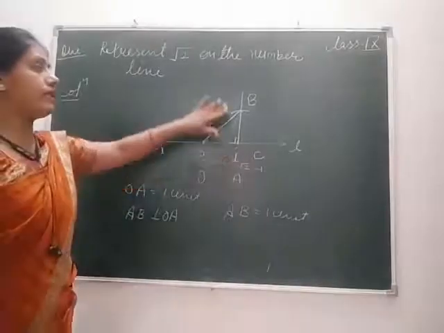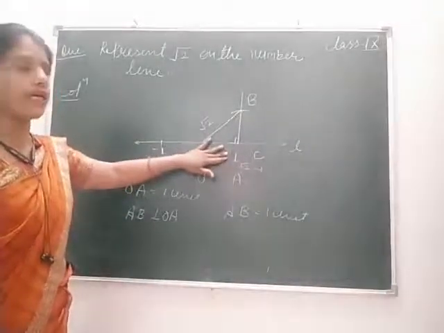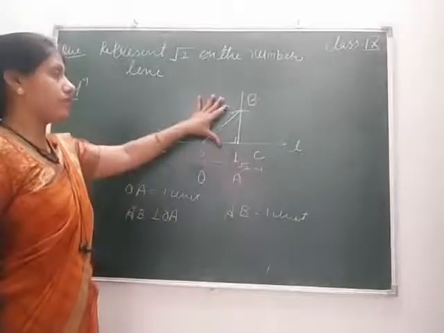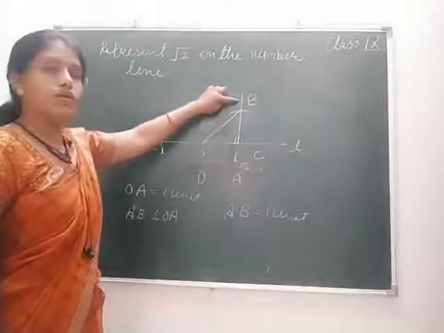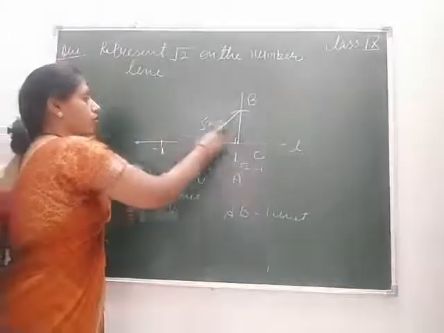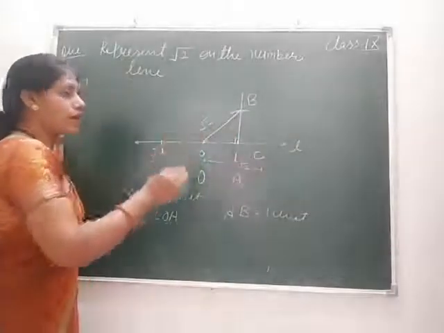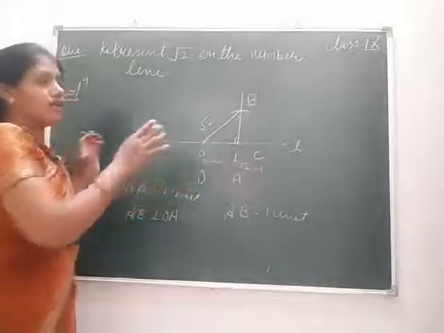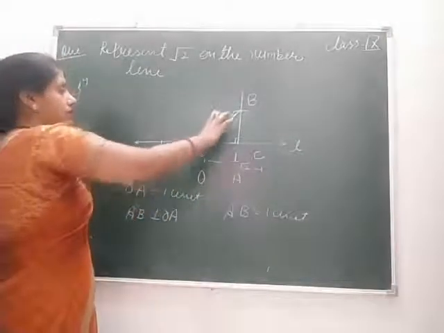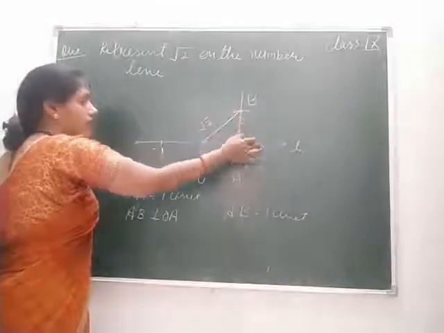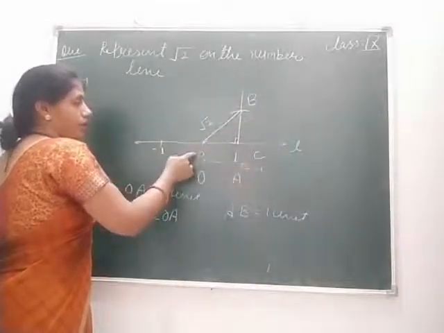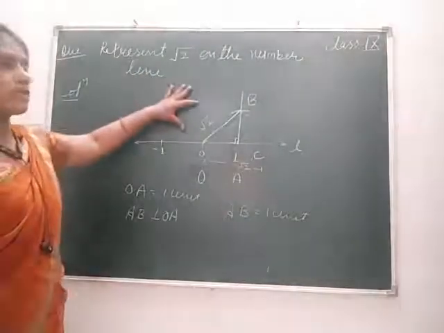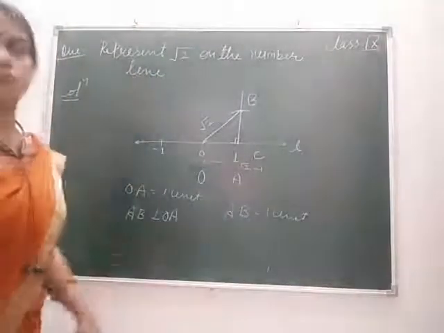A point पर 90 डिग्री परपेंडिकुलर हमें ड्रॉ करना है and AB is the 1 unit. We cut an arc 1 centimeter. Okay, and indicate to B. Join to OB and with the help of compass we measure the OB and cut an arc. We measure the OB is the radius and cut an arc of the number line and cut OC. OC is the represent of the root 2 and OB is the represent of the root 2.